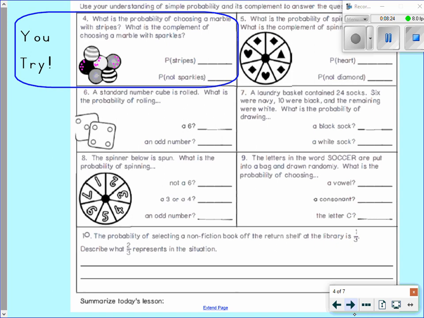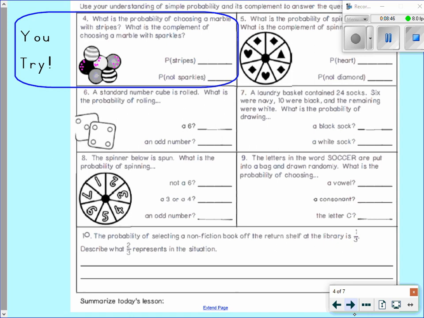All right. So we're going to use your understanding of simple probability and complement to answer the questions below. Let's do number 4 together, and then we'll work on the rest. What is the probability of choosing a marble with stripes? So these are stripes, and you're also going to find the complement of choosing a marble with sparkles.